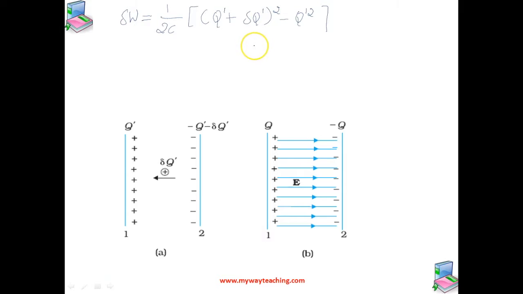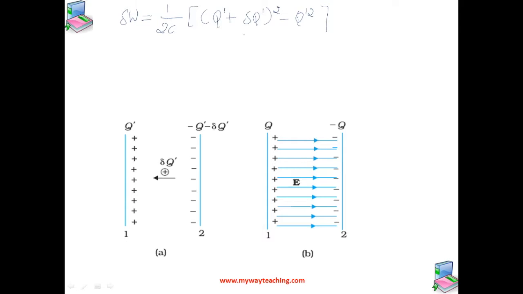So here this equation and the one that we studied before, that is delta W = V' delta Q' = (Q'/C) delta Q', are identical because the term of second order in delta Q', that is delta Q'² / 2C, is negligible since delta Q' is arbitrarily small.